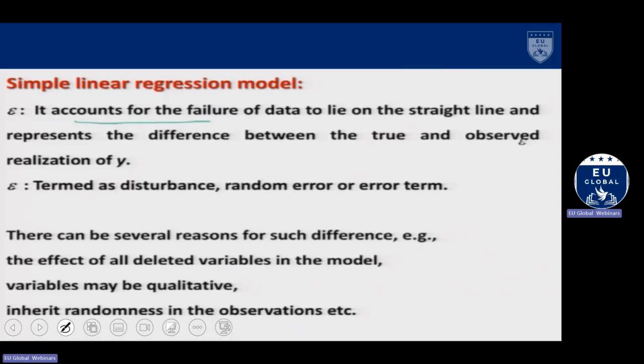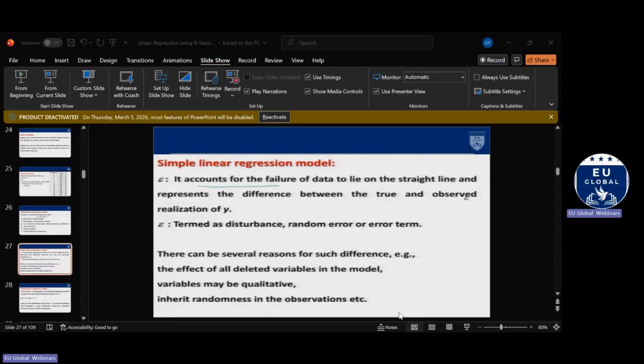So whenever we use the word epsilon, it also accounts for the failure of the data to lie on a straight line, and it represents the difference between the true and the observed value. It is also termed a disturbance, the random error, or the error term. So this is epsilon. I hope it is understood what epsilon means here.